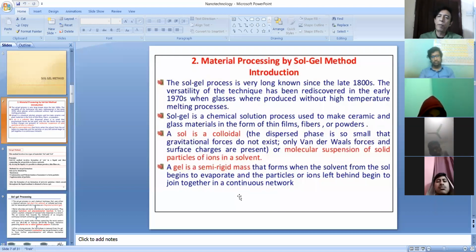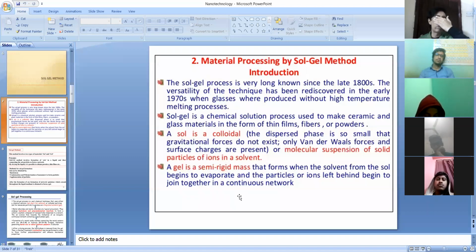In a colloid, it is a very fine particle, very small and fine, dispersed in a liquid. There are different types of colloids, but we are talking about that as sol.